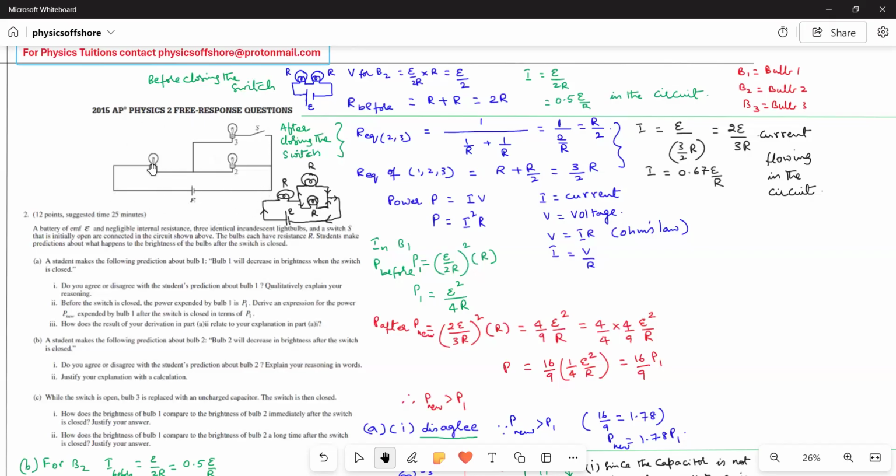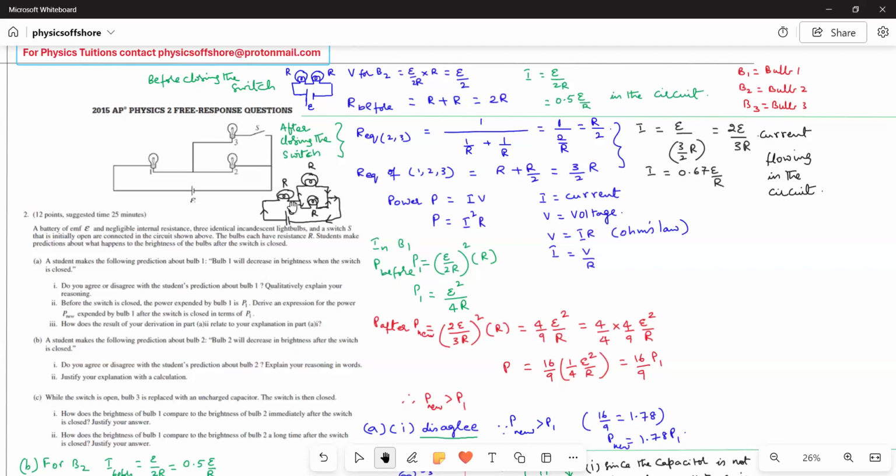That means both series and parallel. That is called the combination circuit. The moment you close the switch, bulb 2 and bulb 3 are in parallel, and in series with bulb 1. Here you see 2 and 3 are in parallel and in series with bulb 1.